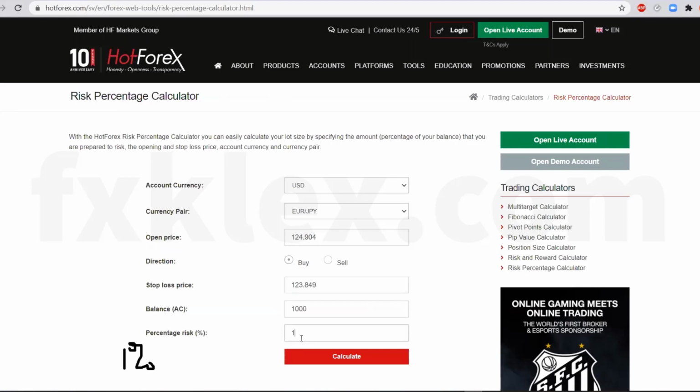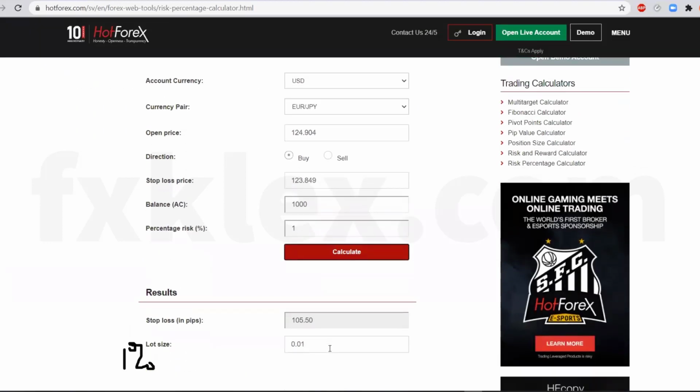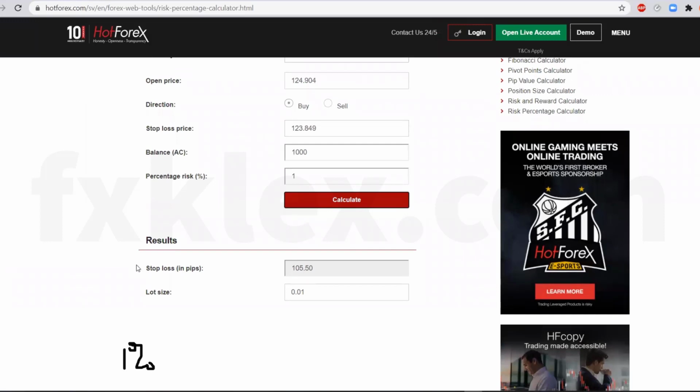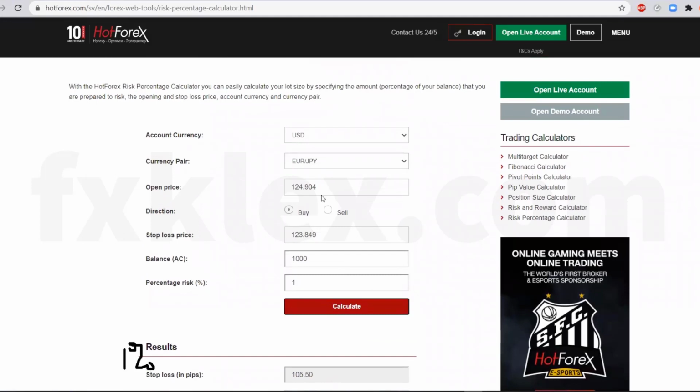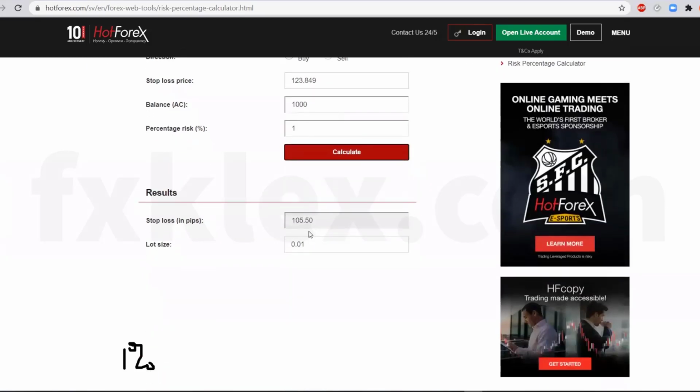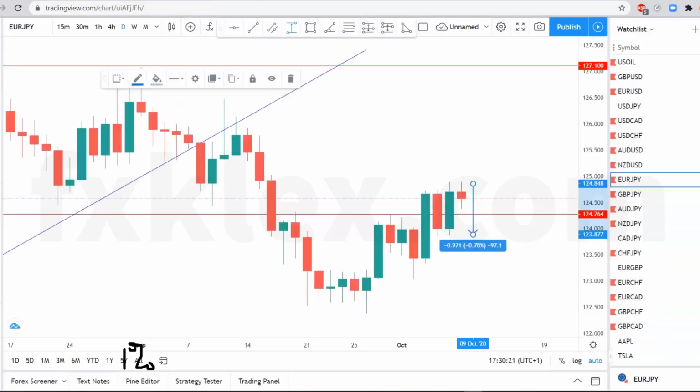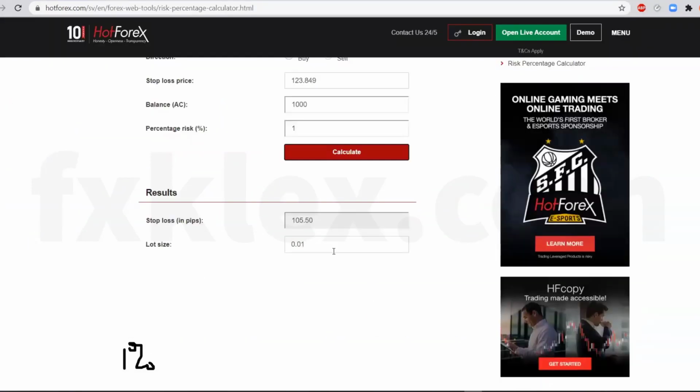So the next thing you have to do is to calculate your risk. Once you calculate everything, you navigate on your mouse downward, and you're going to see the stop loss in pips. It means from this price level of 124.904 and the stop loss of 123.849, we are willing to risk 105.50 pips, which means the lot size we need to implement on the trade of the euro paired against the Japanese yen should be what? 0.01.